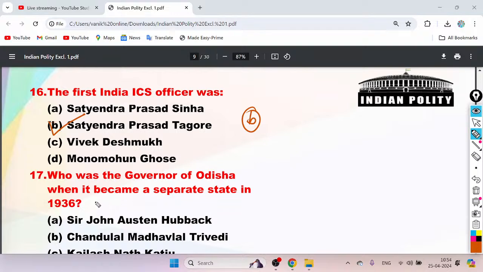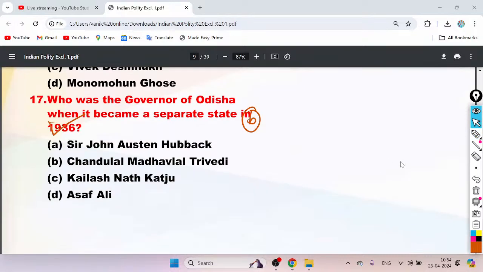Who was the governor of Odisha when it became a separate state in 1936? That is Austin Hobart. Austin Hobart was the first governor.